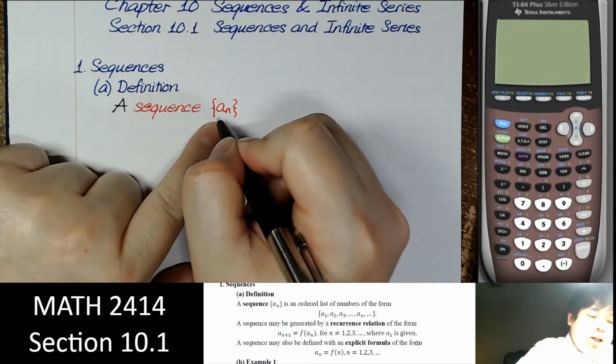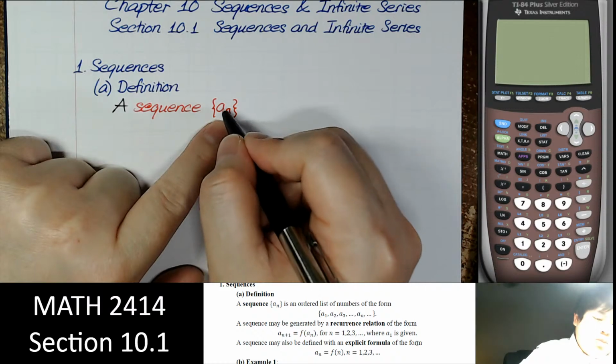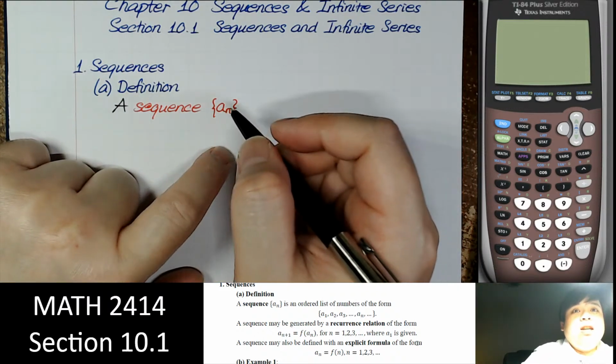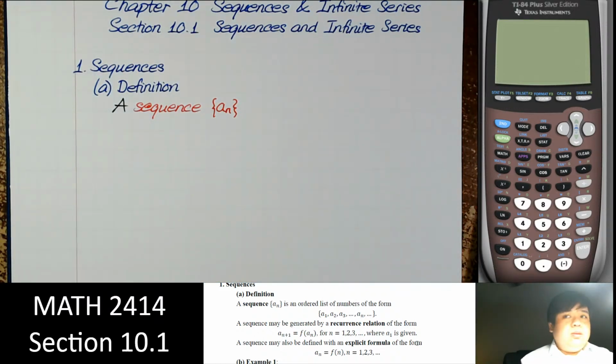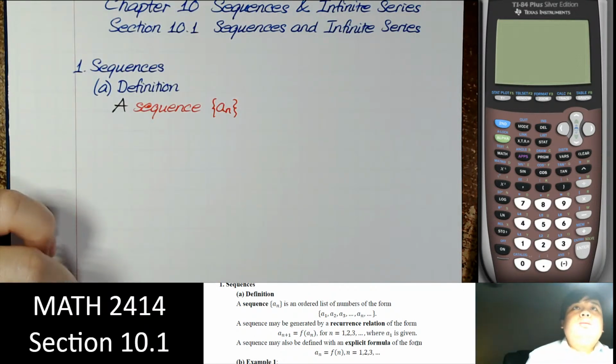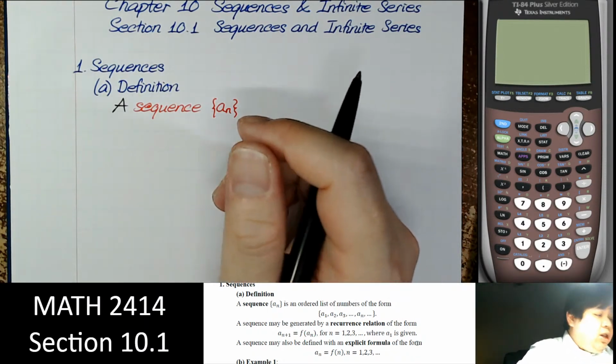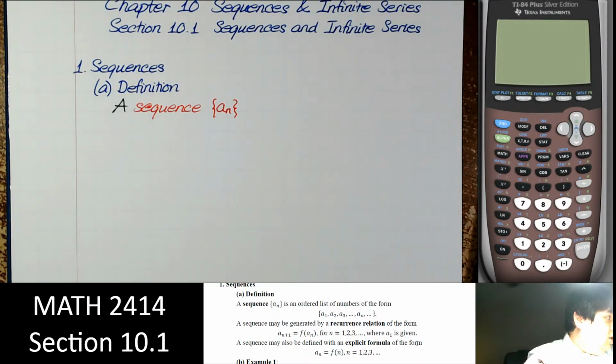A sequence, we denote by the curly bracket, which means it's just like a list. Remember, when we use the calculator to use the list, we put that in the curly bracket.